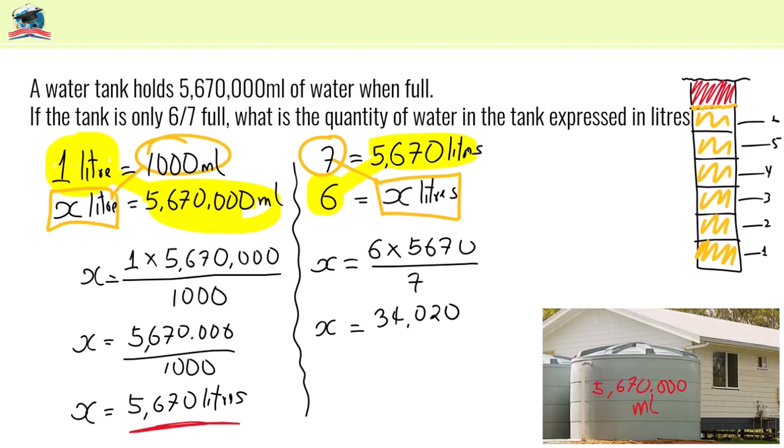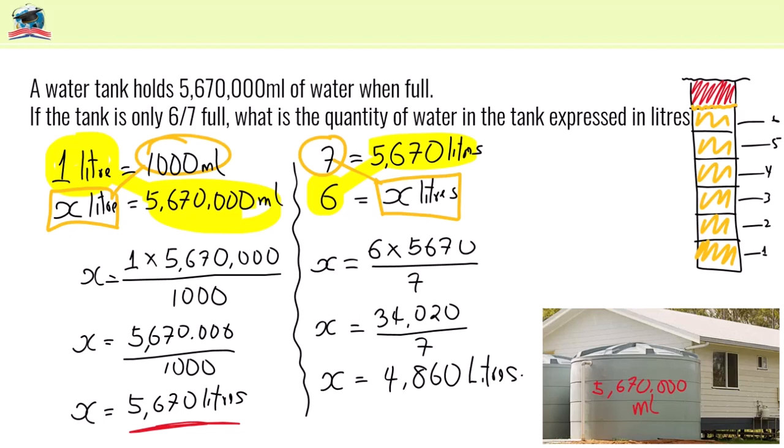So 6 times 5,670 will give us 34,020. We will divide that by 7. And when we divide that by 7, either using the short division method or the long division method, that should give 4,860. And that's going to be in liters.